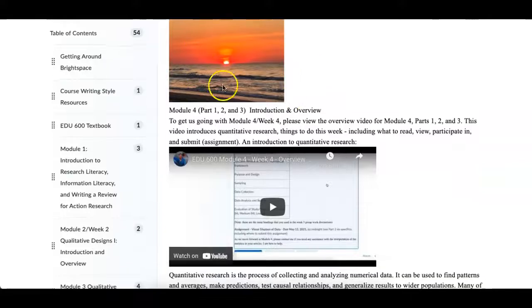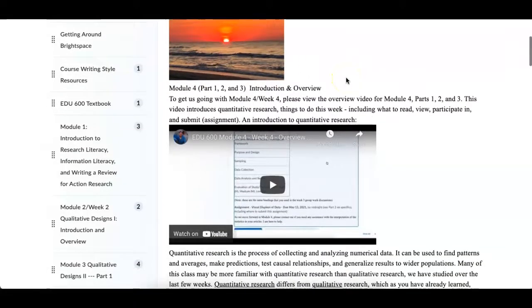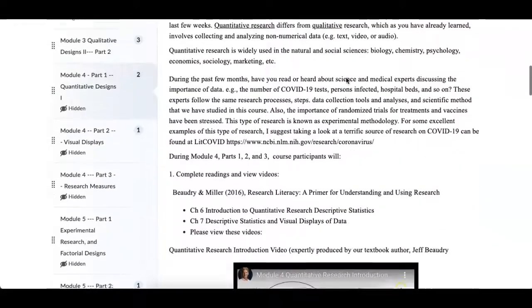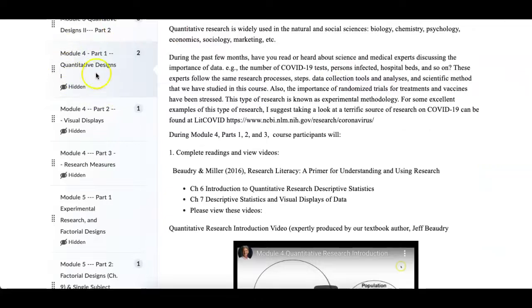So to get us going this week, I'd like to first of all mention that there are 3 parts. Part 1, Part 2, Part 3. First part is an introduction to quantitative designs. Second part is on visual displays. Third part gets into some of the numbers, some of the statistical analysis that is done with quantitative research.